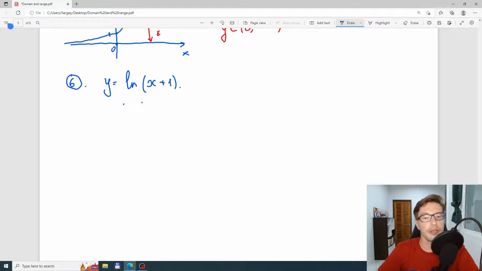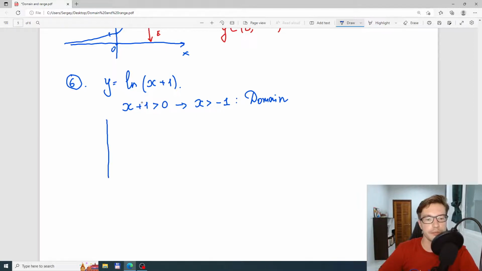Can the input be any number? No, not this time, because the expression in a logarithmic function should be bigger than 0. So that means x is bigger than -1. That's our domain. Time for a sketch.